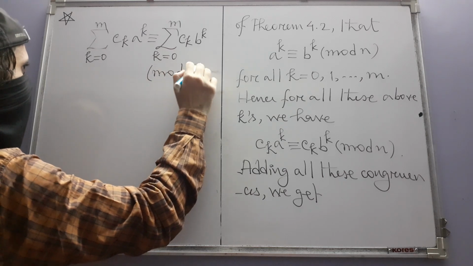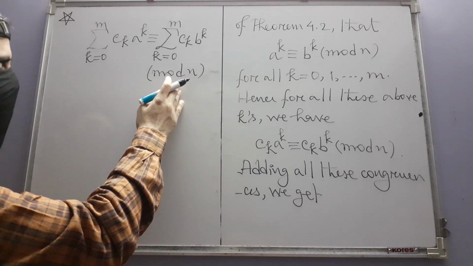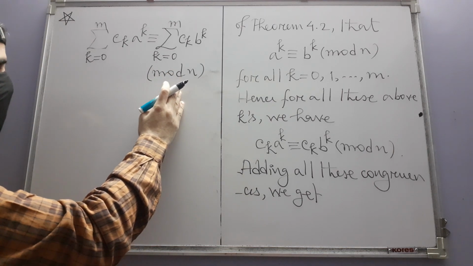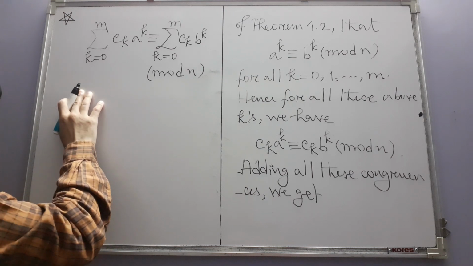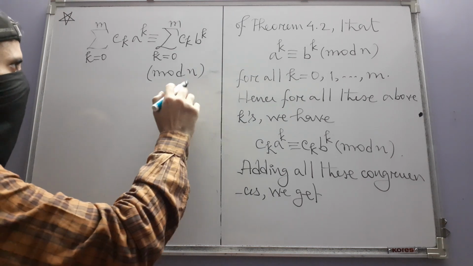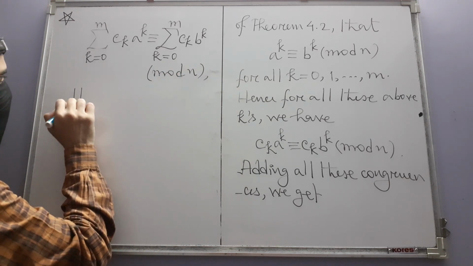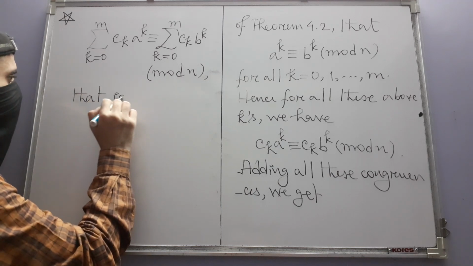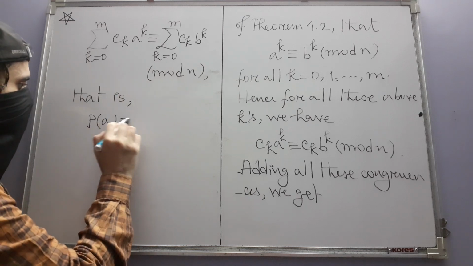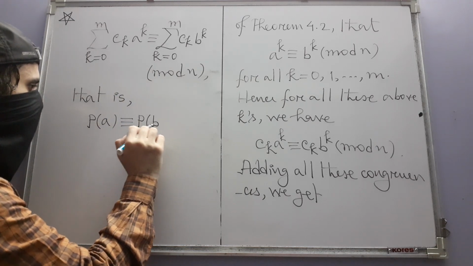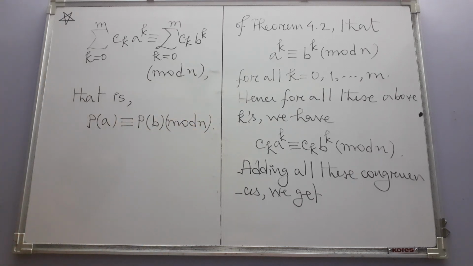It looks a little odd that I have written mod n here, but I have run out of space. If you run out of space like this, it's better to actually write the congruence symbol in the next line and then continue. But you understand what it means. That is, this is nothing but P of a and that one is P of b modulo n, and this is what we wanted to show. So the proof is over.